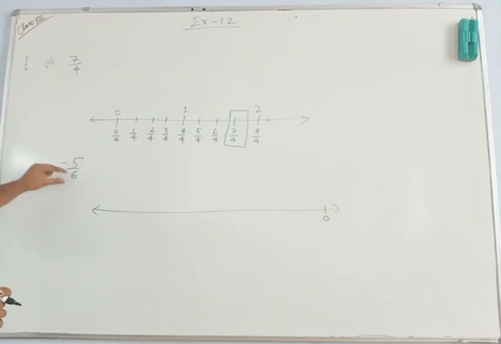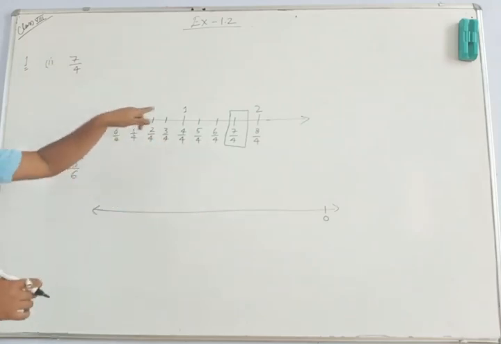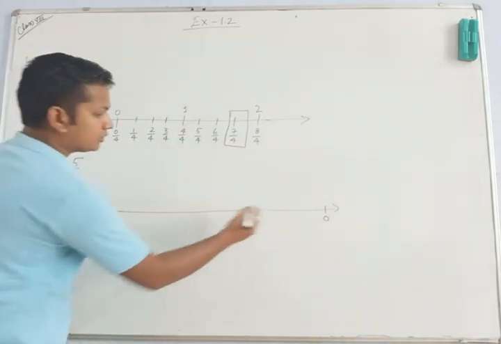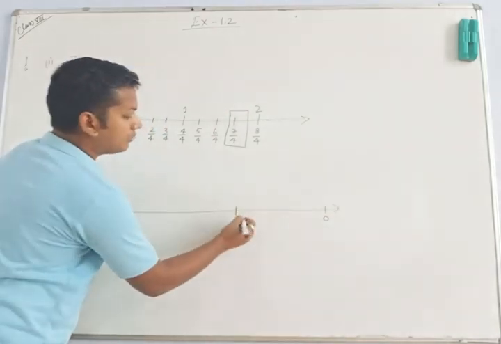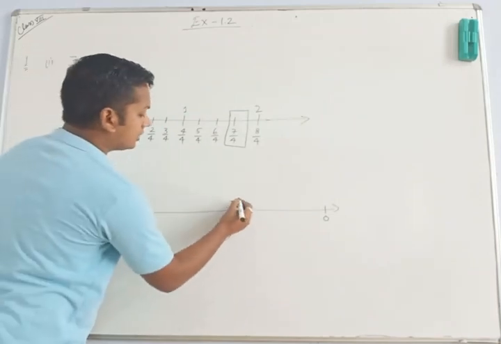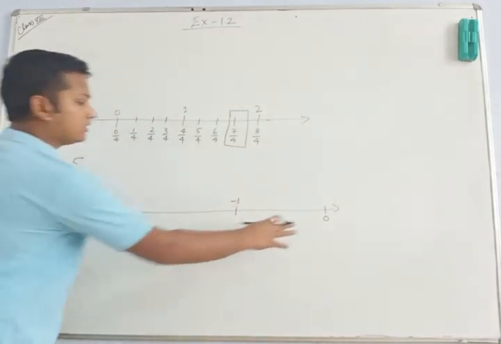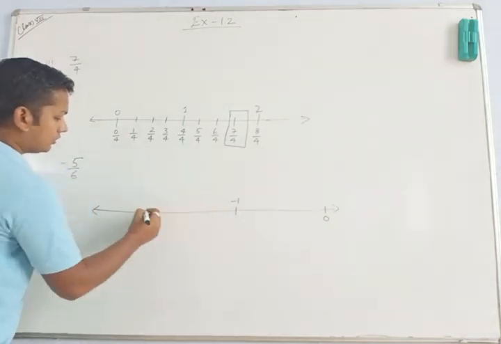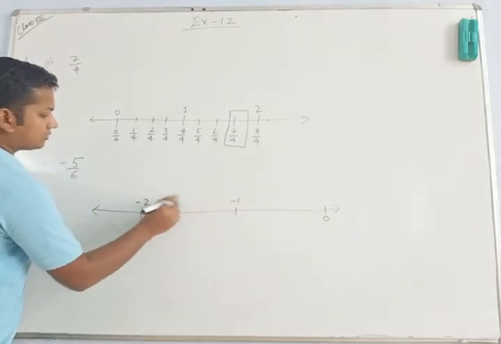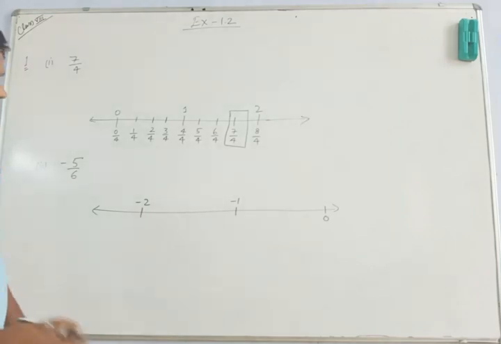Accordingly we will put our 1 or minus 1 or whatever number it is. Since we have to make 6 parts, I will make this gap large. But mind it that the gap between 1 and 0 and 0 and minus 1 should be equal to the gap between minus 1 and minus 2.